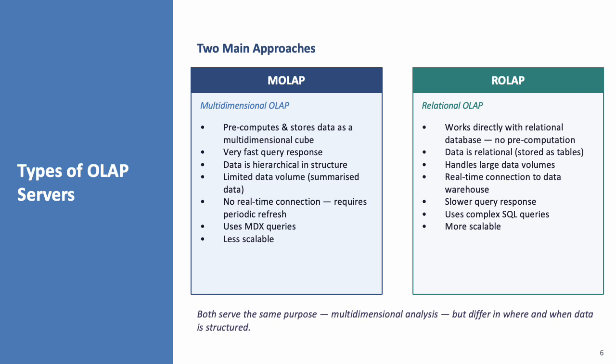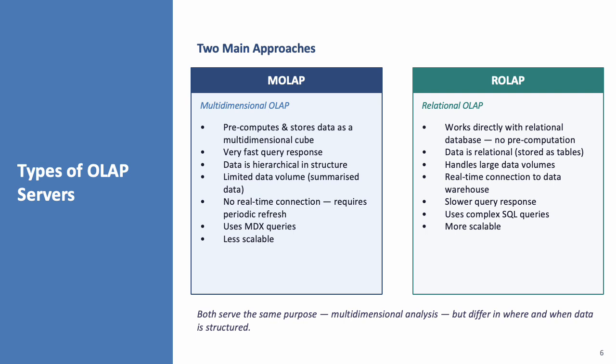It always reflects the current state of the data warehouse, and it is highly scalable. The trade-off is that queries are slower because the database must do all the computation at the time the question is asked rather than having the answer pre-calculated.